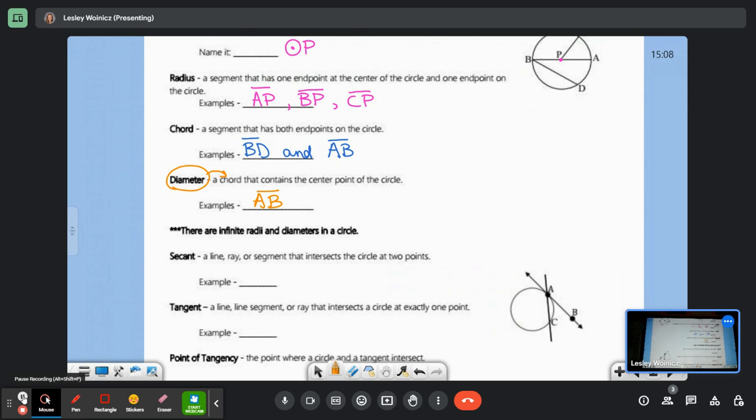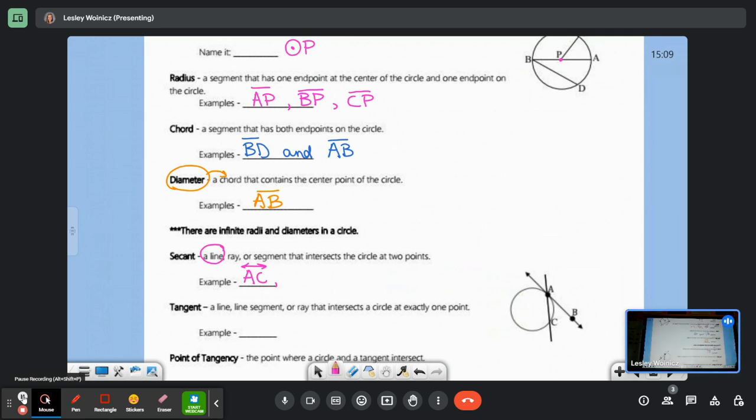All right, next, secant. A secant can be a line, a ray, or a segment. It has to intersect the circle at 2 points. So on that picture, what are the secants? It can be the line that goes through points A and C, line AC.